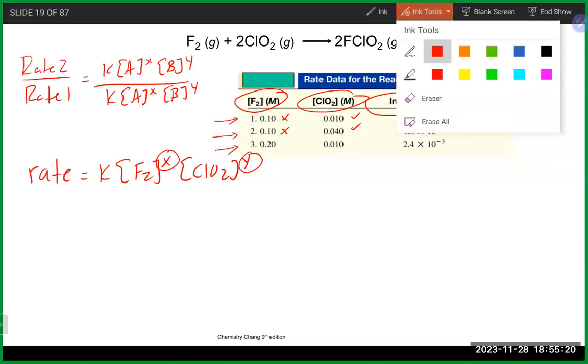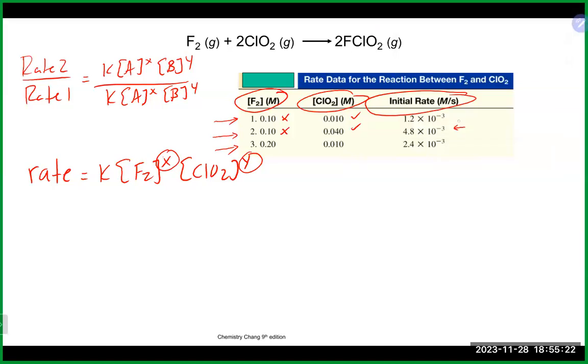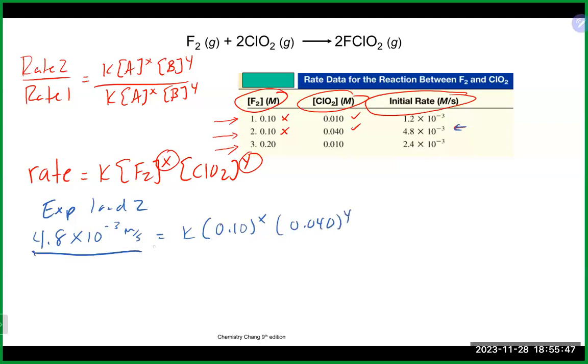So I'm going to take my entry number 2 and look at experiments 1 and 2, and put everything from that experiment on top. That is 4 times 10 to the minus 3 molar per second equals K times the concentration of A, which is 0.1 to the X, and 0.04 to the Y. Everything I just wrote came from the second entry in the table.